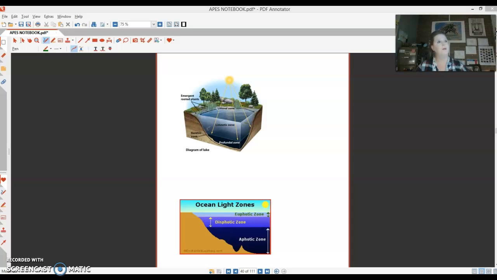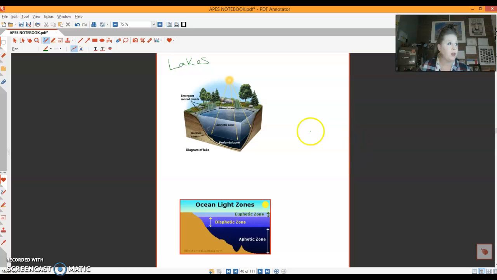Alright, so this top picture is representing lakes and the different zones in lakes. Okay, so you can see that we do have some rooted plants near the shore of the lake. This is what we call the littoral zone.